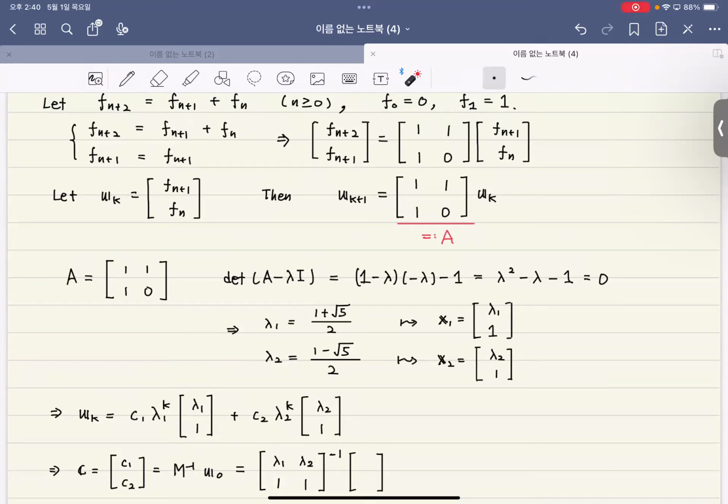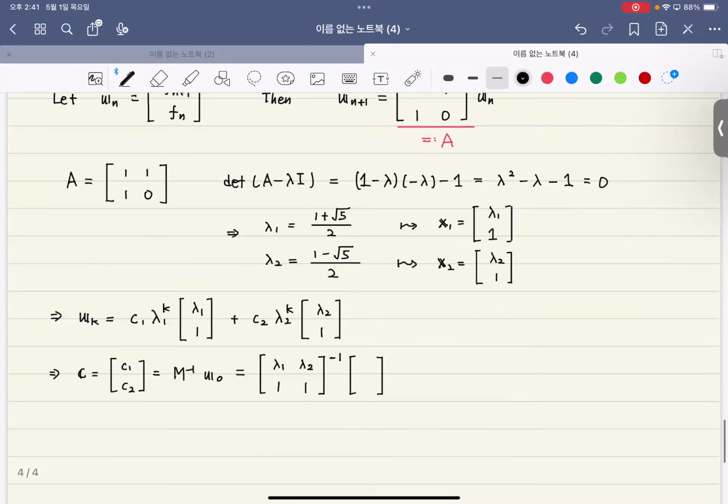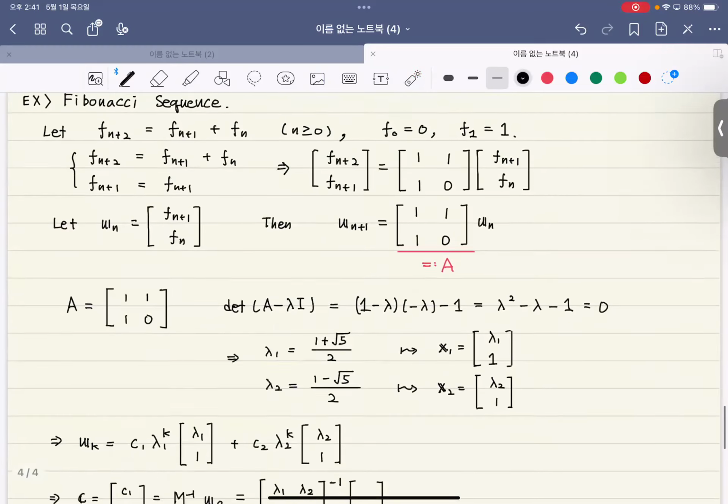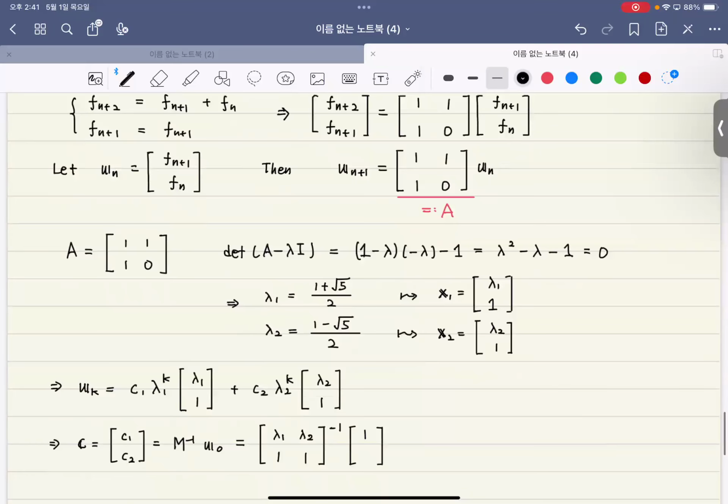Sorry, I messed up. Since this is my UK, U0 should be F1 and F0. F1 was 1 and F0 was 0, so 1 and 0.